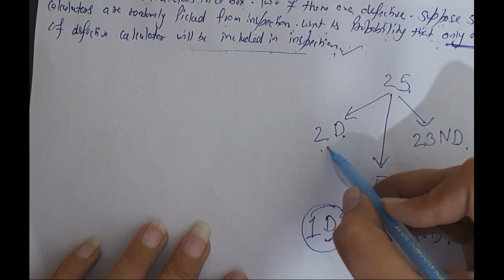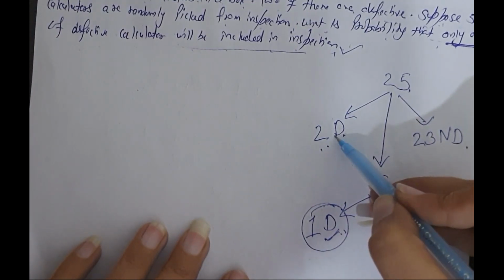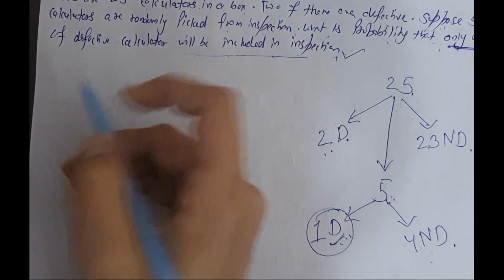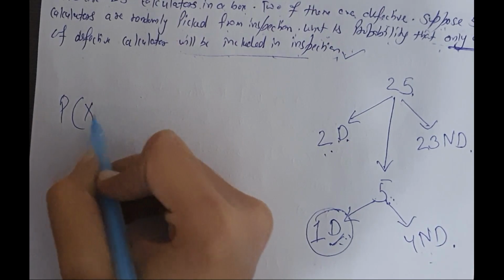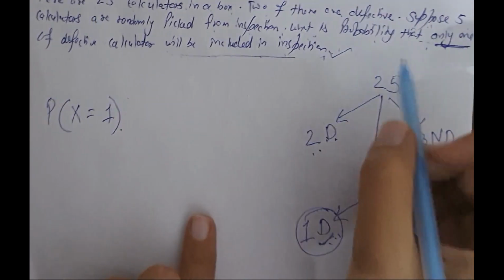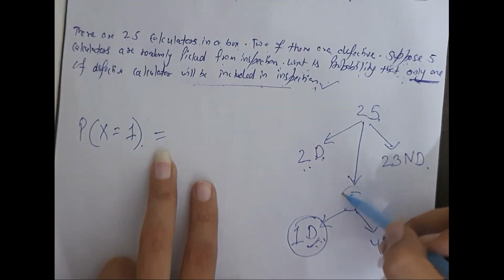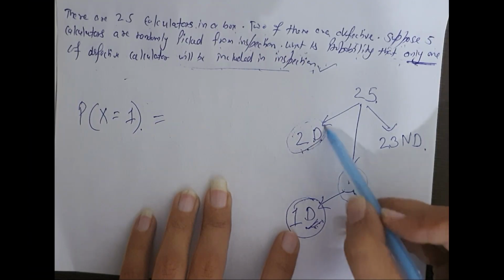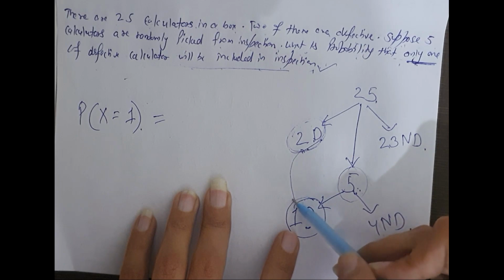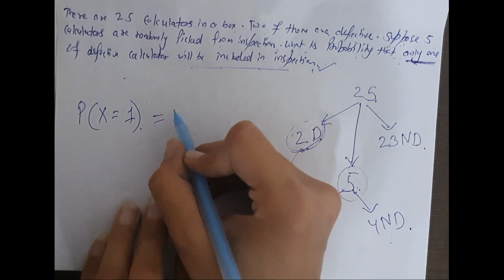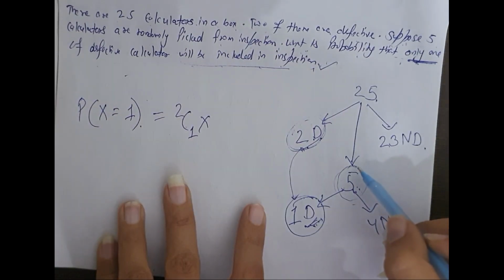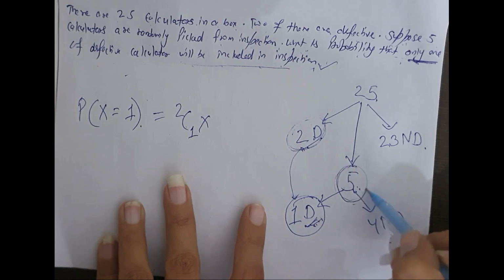Similarly, how we do it? Total 2 defective are there. We have to choose one from 2, that is 2C1, because they are asking only one defective, x is 1.